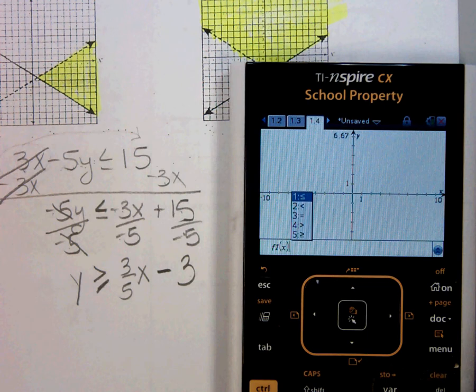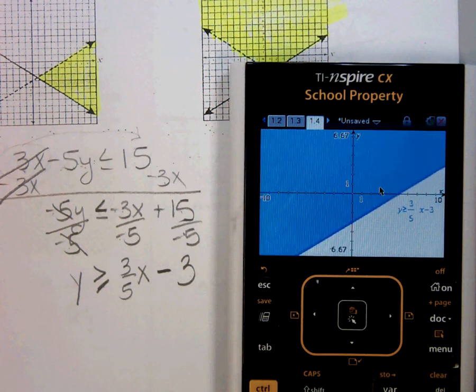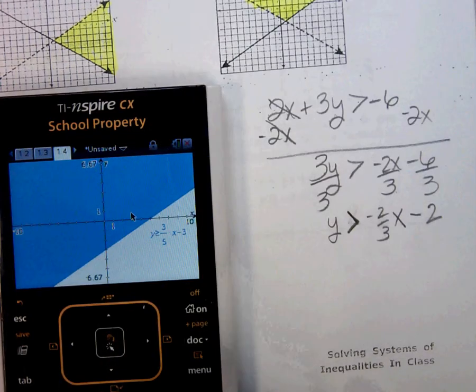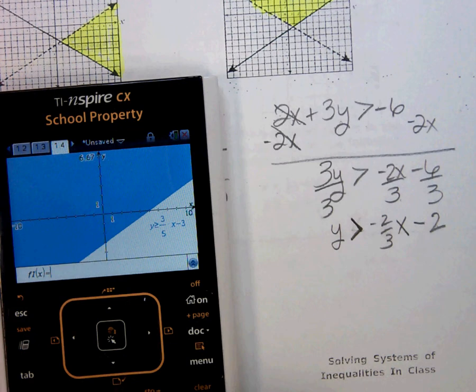Delete this, put greater than or equal to, which is number 5. 3 divided by 5, x minus 3. Solid line. Shade it up. Next equation. Tab. Delete the equal. Greater than.